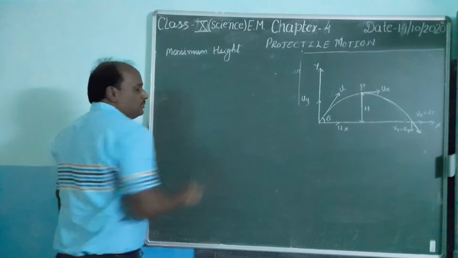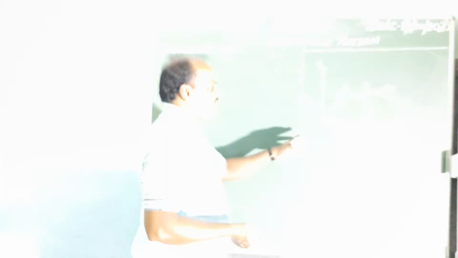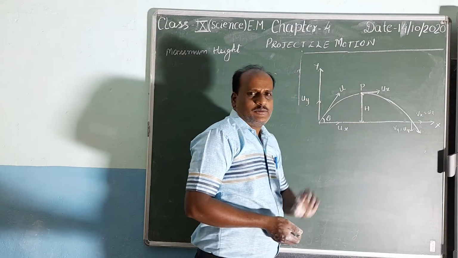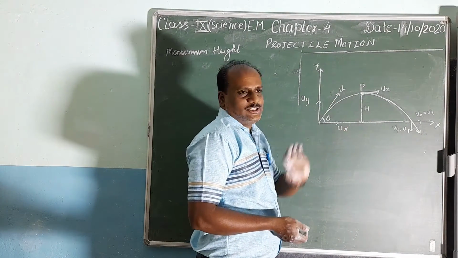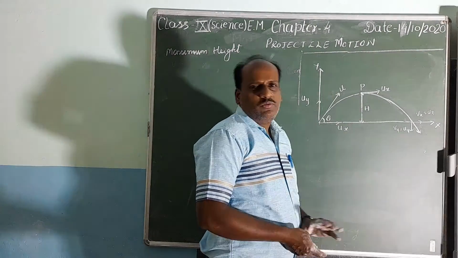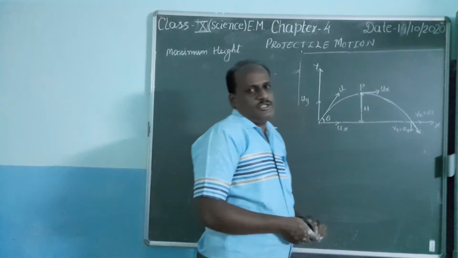Okay, maximum height of the projectile. You can see at point P the height of the projectile is maximum, that is h, and at point P the final velocity becomes 0.